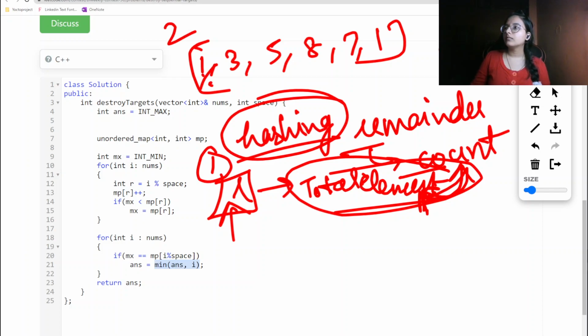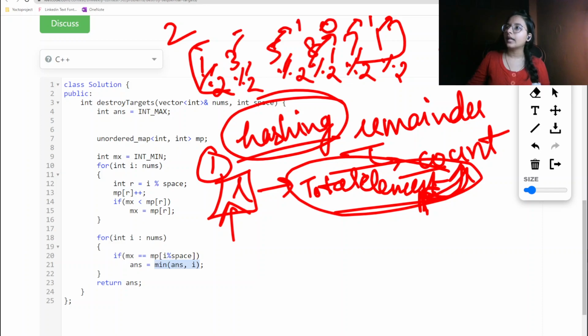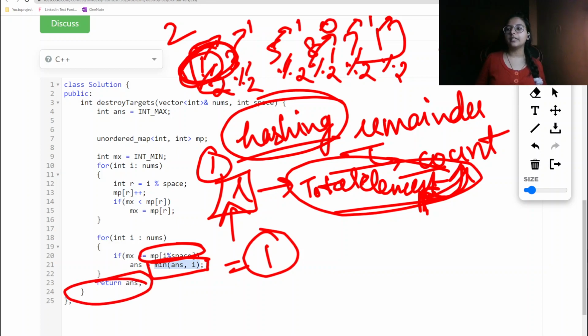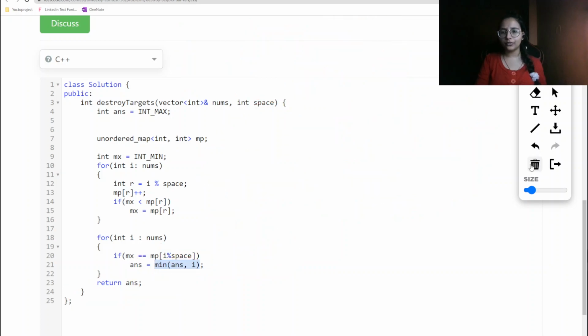So when we do modulo with all of them, except this, here we get 0, but for all of them we are getting 1, right? So it will be checking that remainder. Out of all of these, what is that element which will have the remainder equal to 1? Here we got this one as the minimum element, and that's why we will be returning that as an answer. So this was about the explanation part of this code.